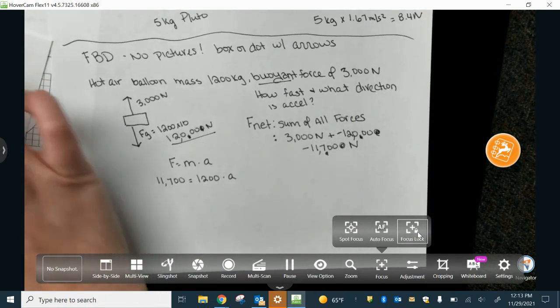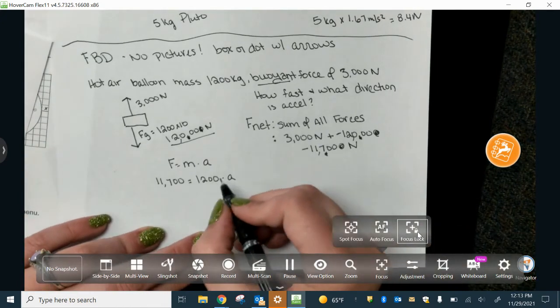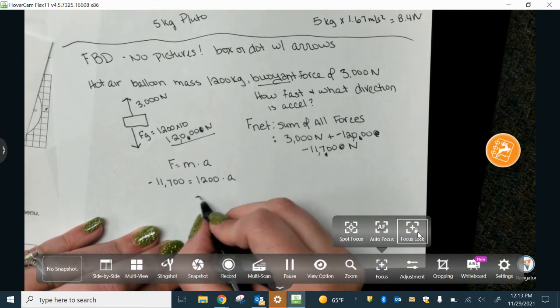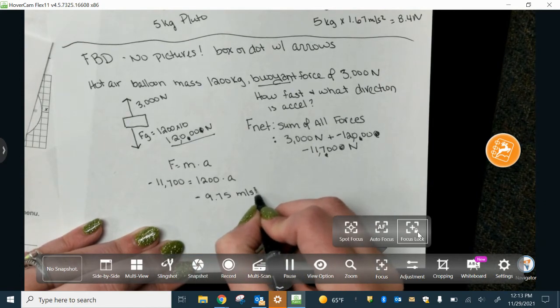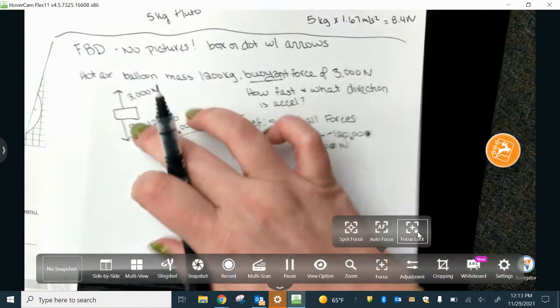Delete that last 0. 9.75. And this is a negative, so this is going to be negative 9.75 meters per second squared. That is almost free fall. That's bad news. They better turn on the gas on this balloon.